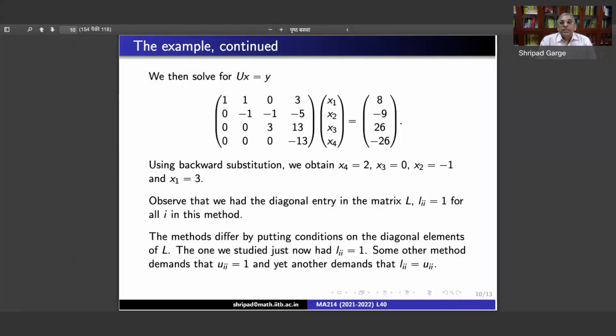Yet another demands that L_ii equal U_ii, but this may not always hold. So sometimes some of these decompositions hold and sometimes they don't hold. This last one is very interesting. It is called Cholesky decomposition.